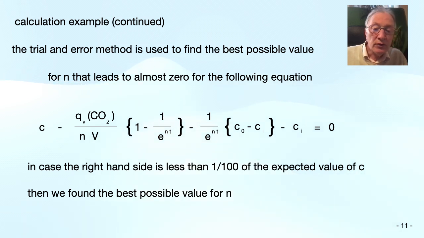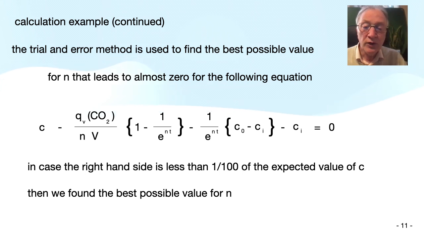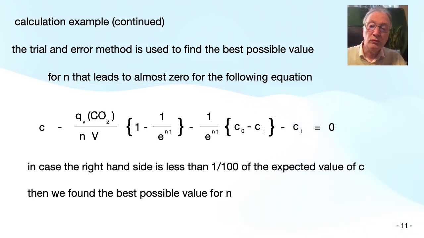And if the right hand side is 100% of the expected value, then we normally are correct. You also see that when the right hand side becomes negative or is on the edge between negative and positive, then you also are near the exact value.